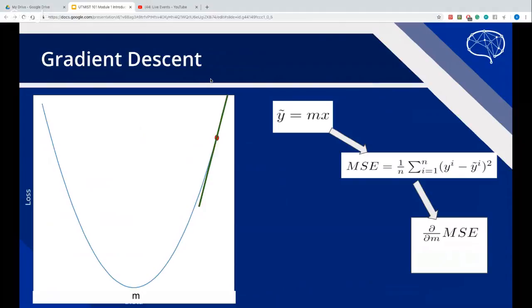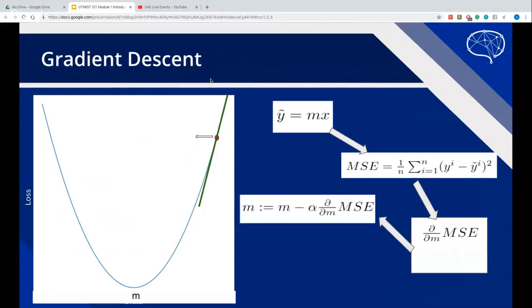We update m by moving it along the negative direction of our gradient. By how much? The how much is defined by alpha there. Alpha is called the learning rate.